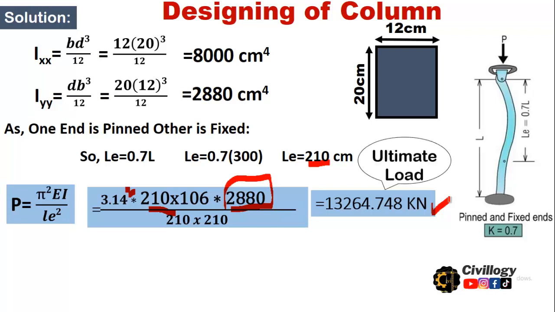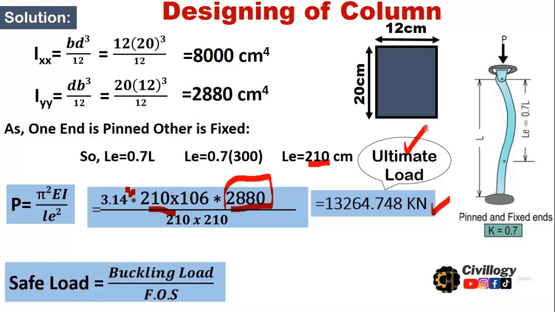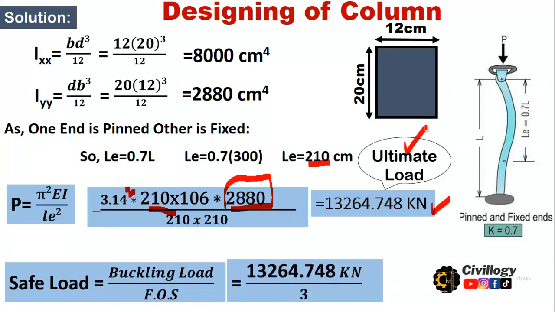This is the buckling load, or you can say the crippling load, or it is also called the ultimate load. And we also know that structural members are not designed for ultimate load. We will have to apply a factor of safety, and the safe load is actually the buckling load divided by the factor of safety.